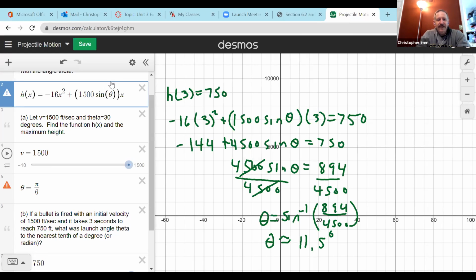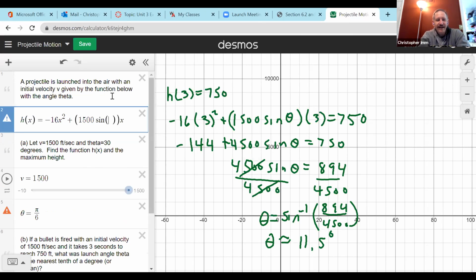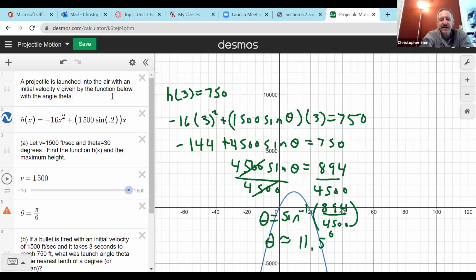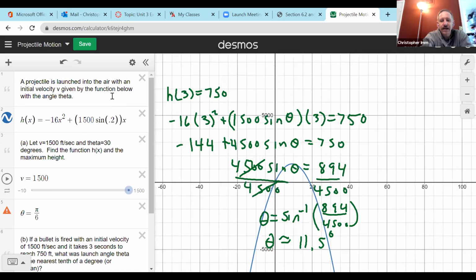So let's just check that out and see if that gives me the data that I want. So I'm going to plug in, let's see. Oh, I need radians for that though. So I can just multiply by pi over 180, right? So that's about 0.2 radians. And there's my equation now.